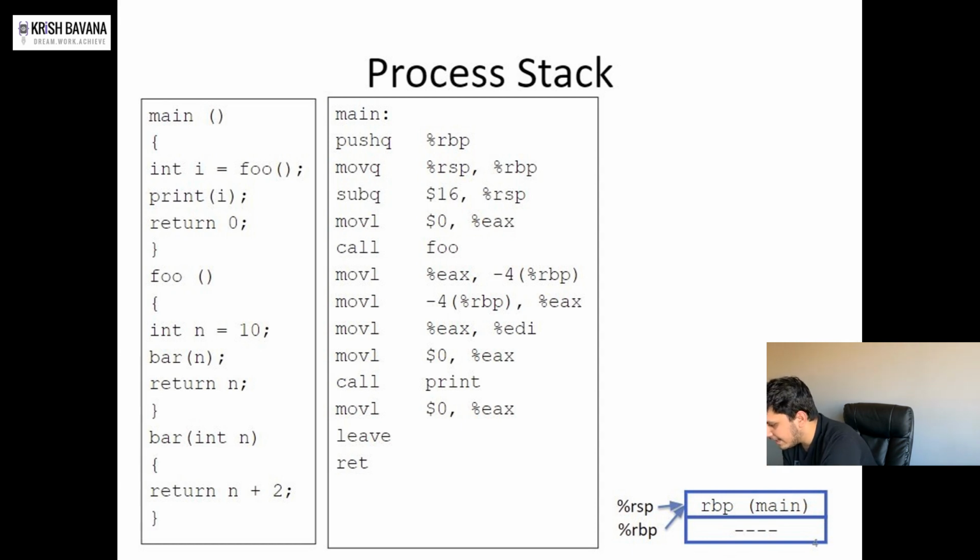That means we are saying RBP is equal to RSP. So now both of them are pointing at the same thing. And then in the next statement, we are saying RSP is equal to RSP minus 16. So why are we using 16? 16 means each frame is going to be 8 bytes. When we are saying 16, that means we are creating 2 extra frames.